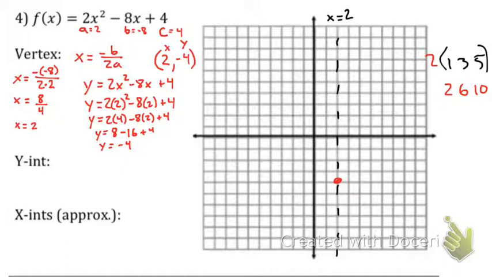That means I'm going to go over 1, up 2. There's my up 2, so let's put a dot. Now I'm going to go over again and up 6. 1, 2, 3, 4, 5, 6. Put a dot.